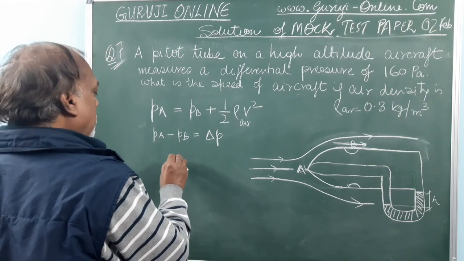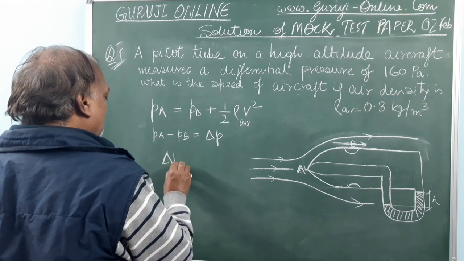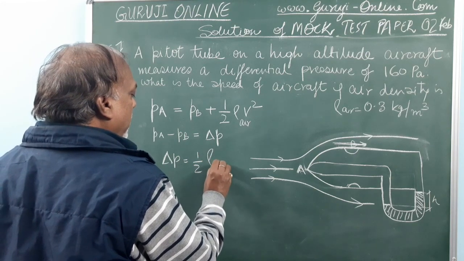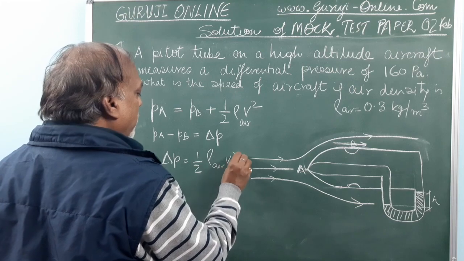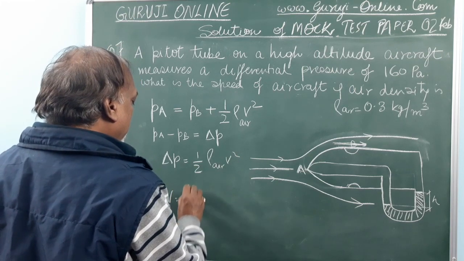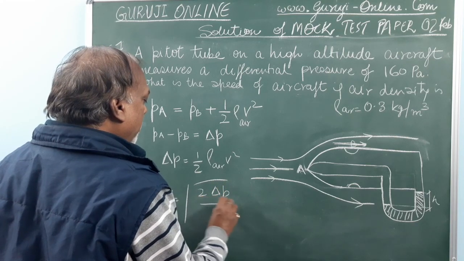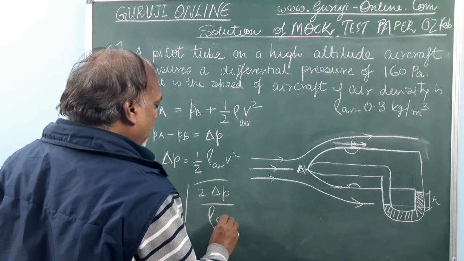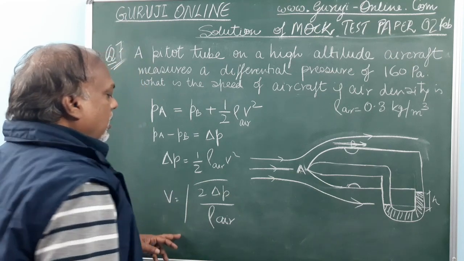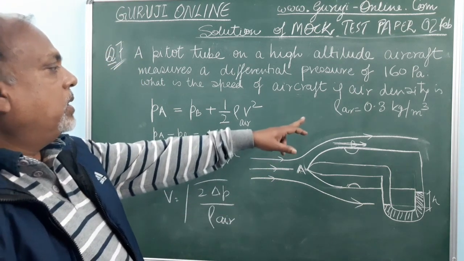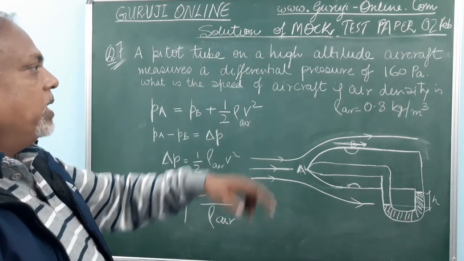So this delta P will be nothing but half rho air V square, or V we can find as the square root of 2 delta P upon rho air. So this is a very simple question. Rho air is given here and delta P is also 160 Pa.